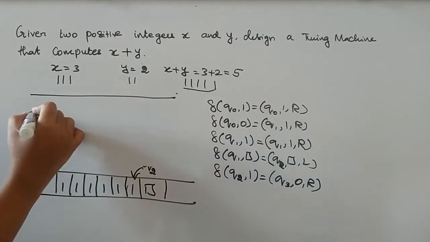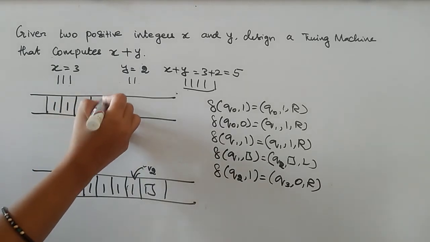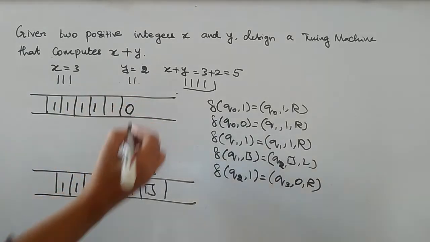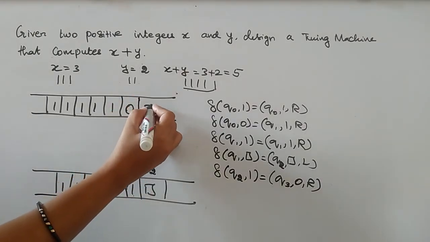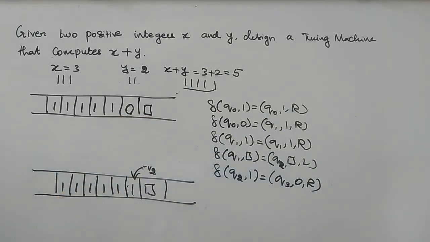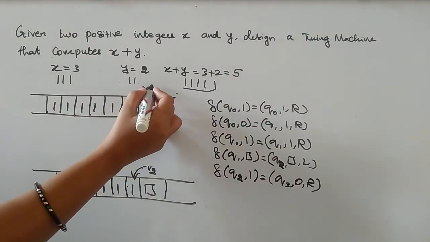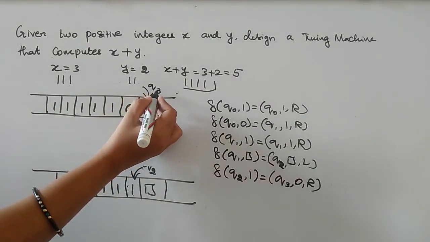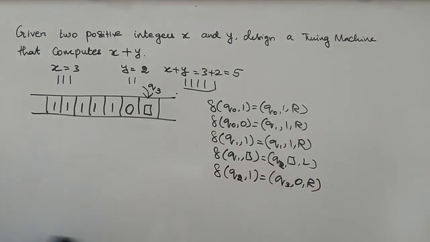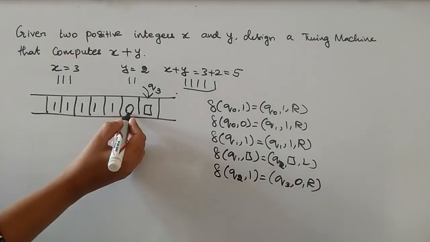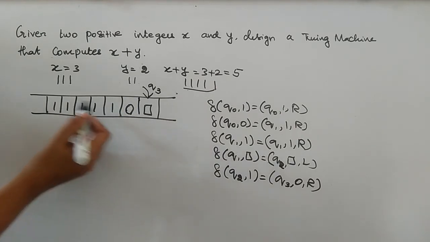Now we will get the tape symbol as 1 1 1 1 1 1, and the last bit 1 will be replaced with 0, and here we will have the blank. Now the read write head is pointing to this blank symbol, and the state is Q3. I have moved the pointer towards the right because after replacing this symbol, there is no necessity to move my pointer towards the left.